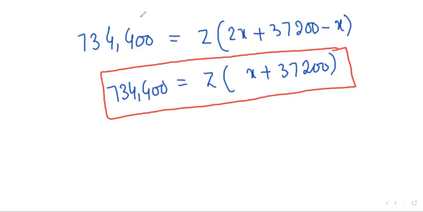So in B part, actually we found that salary is 37,200, which is equal to x plus zy.